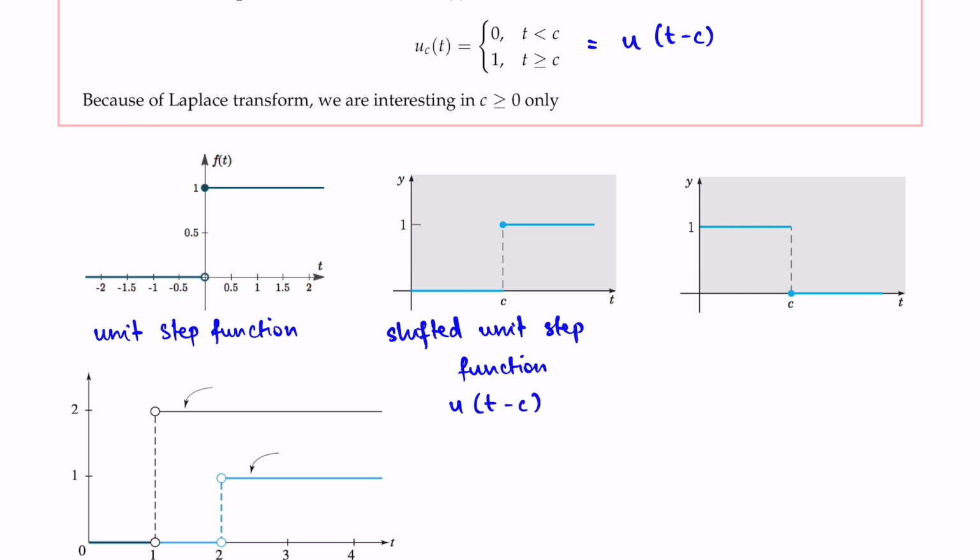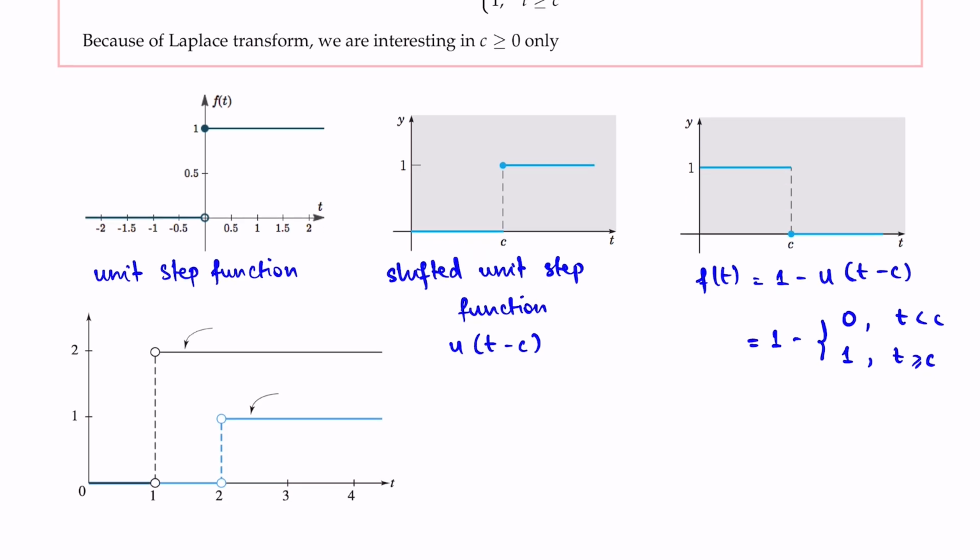Now you can also manipulate this unit step function or shifted unit step function as follows. If you have the function f of t equal to 1 minus u of t minus c, the function u of t minus c is the piecewise defined function equal to 0 when t is less than c and equal to 1 when t is greater than or equal to c.